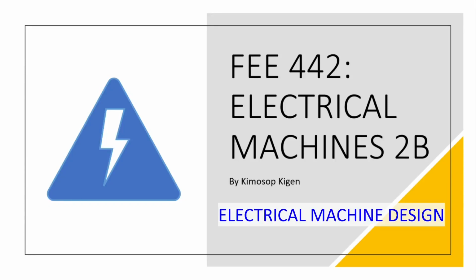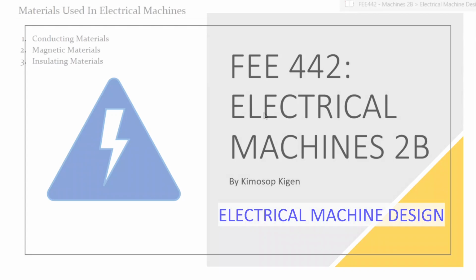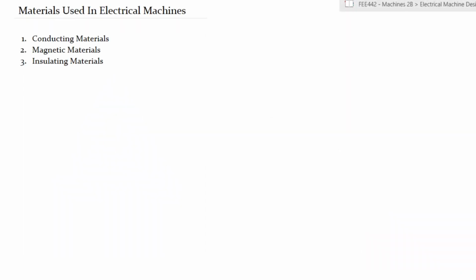In this video, we'll be continuing with electrical machines design, looking at the materials that are used in construction of electrical machines. So there are three main materials. We have conducting materials, magnetic materials, and insulating materials.